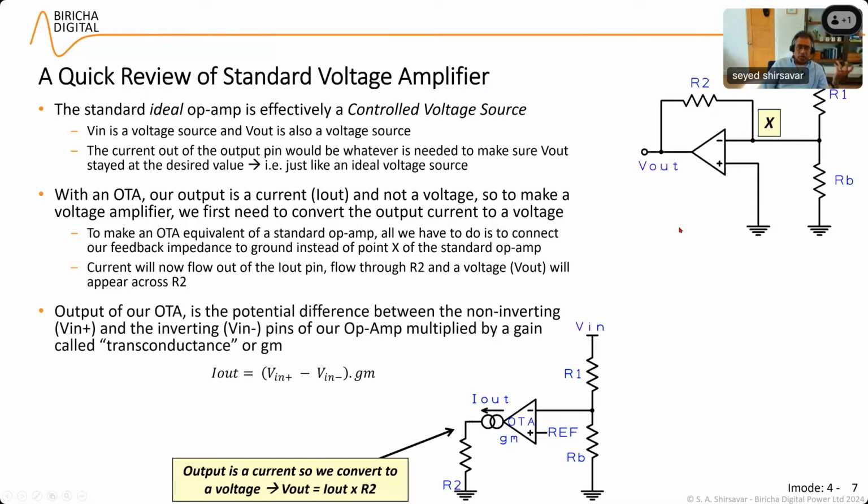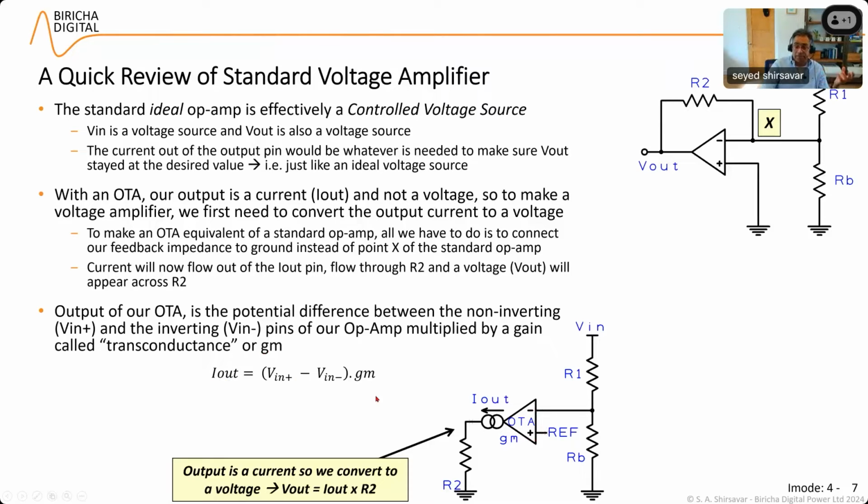The output of the OTA is the potential difference between this non-inverting pin, that's your reference, which will be internal to the chip, I will put the schematic of the chip up in a second, and the inverting pin, which is here. The difference between these two is multiplied by a constant, which we call the transconductance, or gm, of the amplifier, and that is specified in the data sheet. You can see that the output is a current.